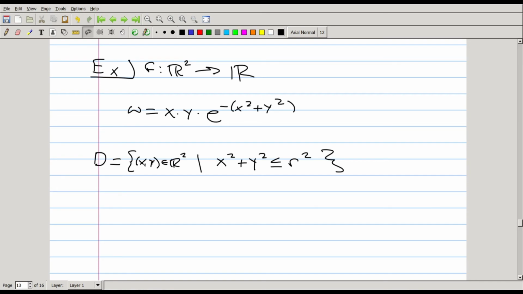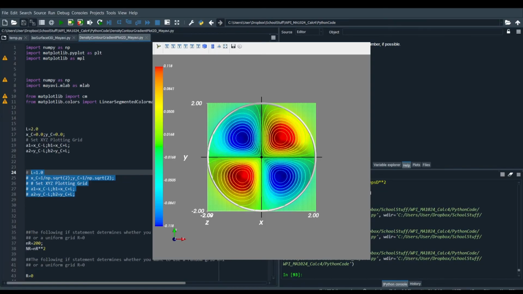You can directly show what it's going to be, even without using a plotting program, but I want to show the level curves of this to give you an example of this theorem. So here we see a plot of the function x times y times e to the negative (x squared plus y squared). I plotted it over a rectangular grid.